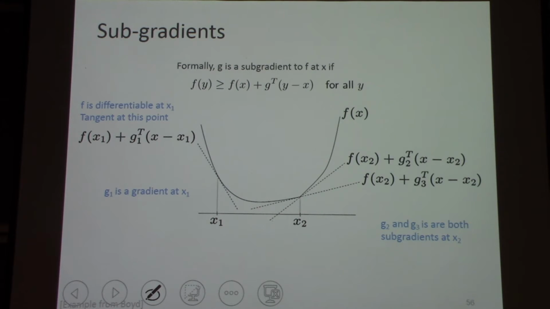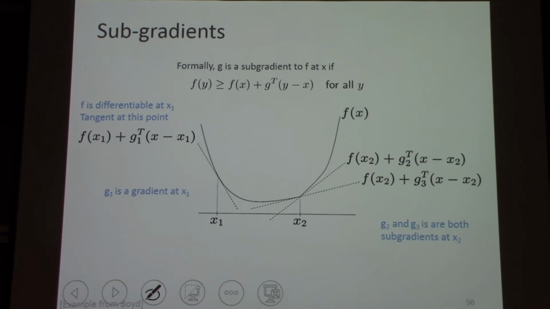Other questions? Something that doesn't have to do with my drawing skills? Yes. If all of those lines between those two at x2 are valid subgradients, which one do you choose? Anyone? So that's the thing. Stochastic subgradient descent for a convex function is the following.